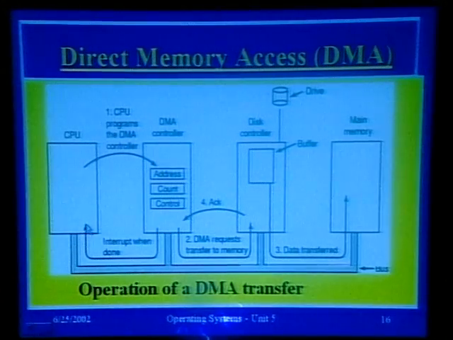Now once the information is in the main memory and the interrupt has been given to the CPU, the CPU goes and in one chunk gets the information which is already available in the main memory and processes whatever is required. As such, DMA, direct memory access, provides us the efficiency of utilizing the information by the CPU.